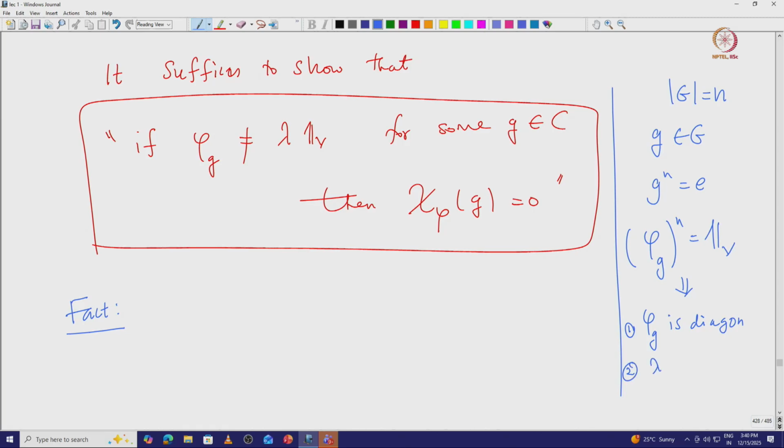If I call lambda 1, lambda 2, up to lambda d the eigenvalues of phi g, then they are all nth roots of unity. They belong to those z in C such that z power n is 1.